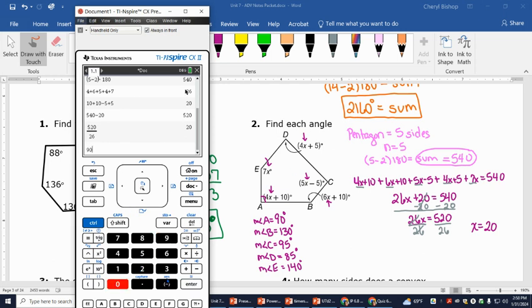So 90 plus 130 plus 95 plus 85 plus 140 gives a value of 540 degrees. So that does work. These are my correct answers.